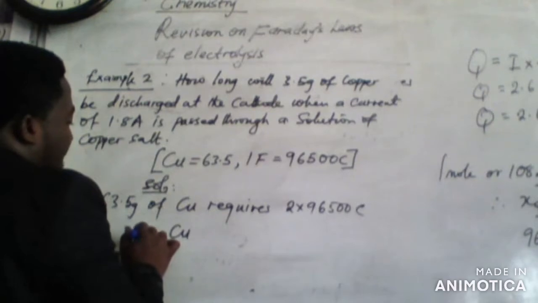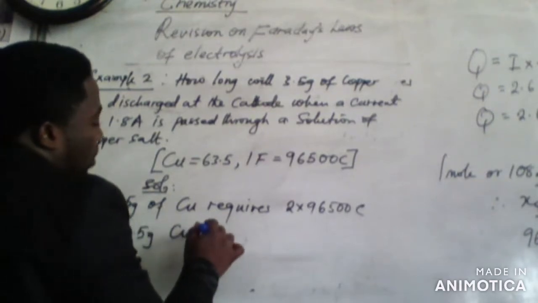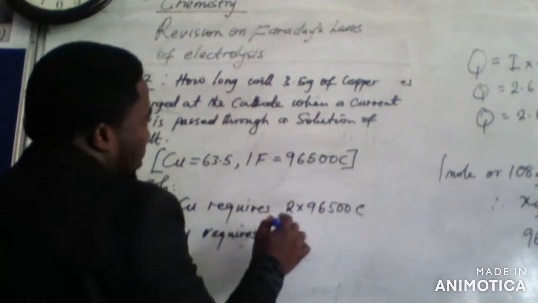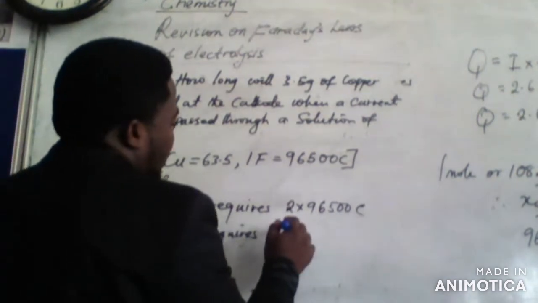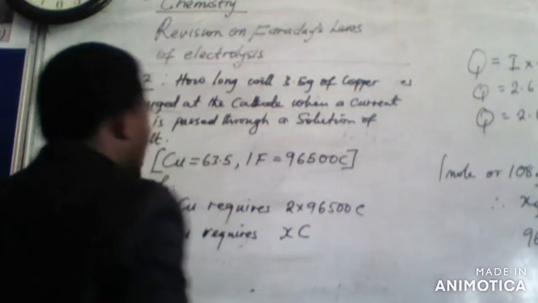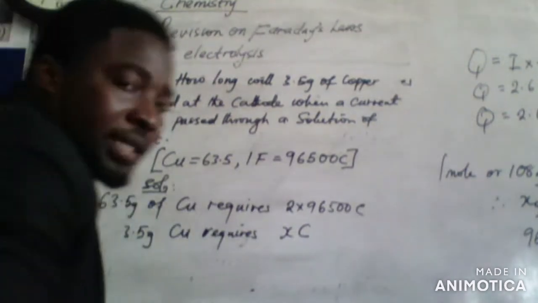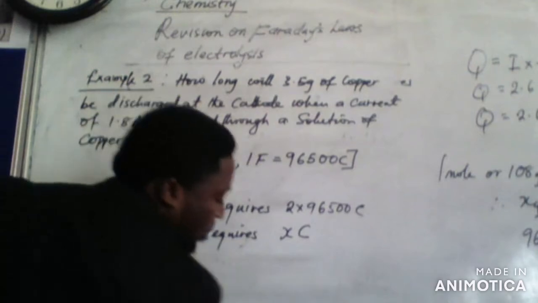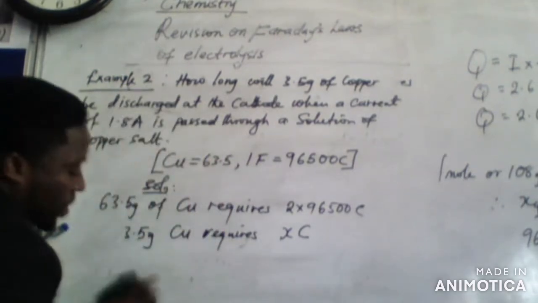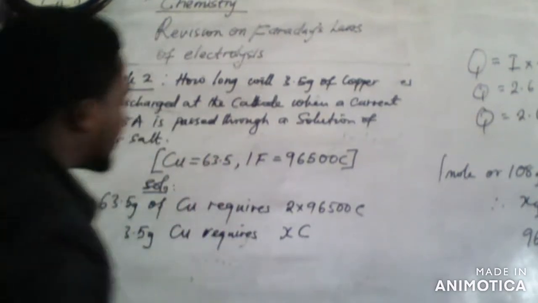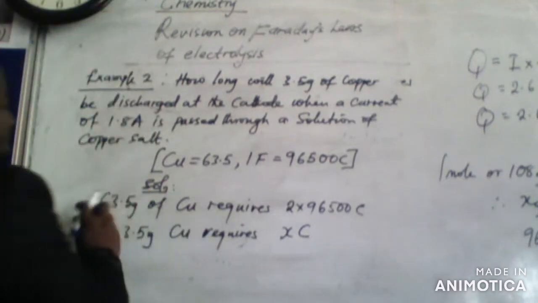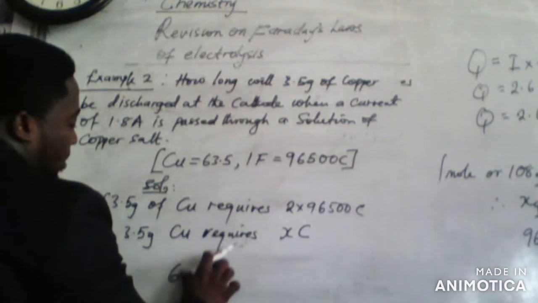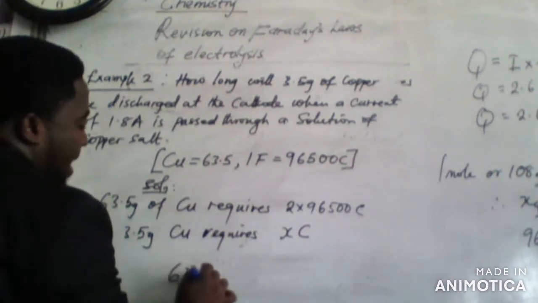So 3.5 grams of copper requires X coulombs of electricity. So we simply cross multiply. When we cross multiply, 63.5 times X will give us 63.5X.